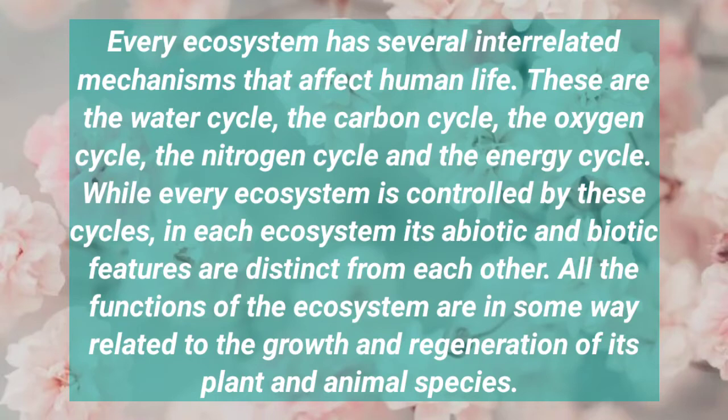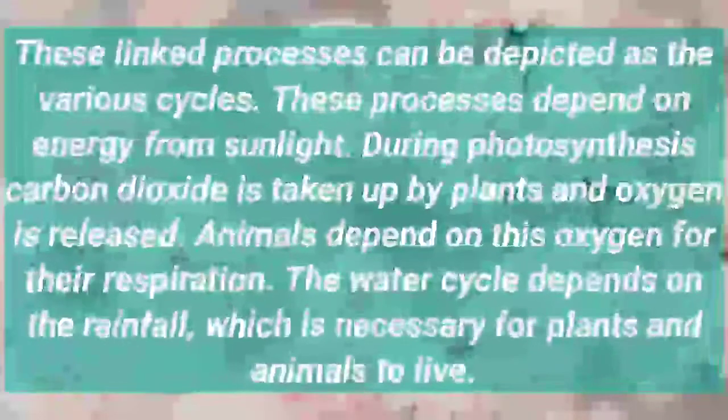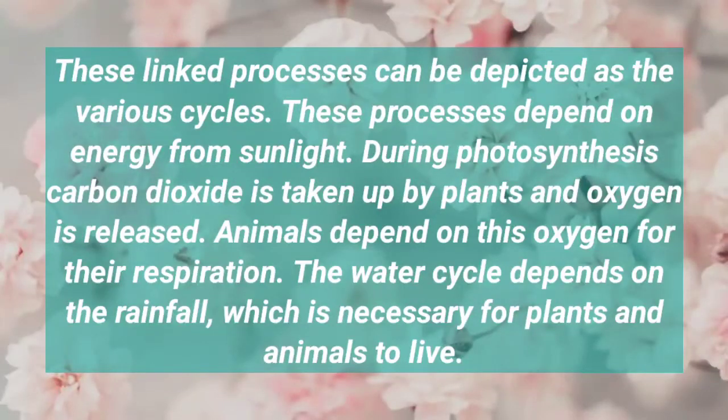All of the functions of the ecosystem are in some way related to the growth and regeneration of its plant and animal species. These linked processes can be depicted as the various cycles.